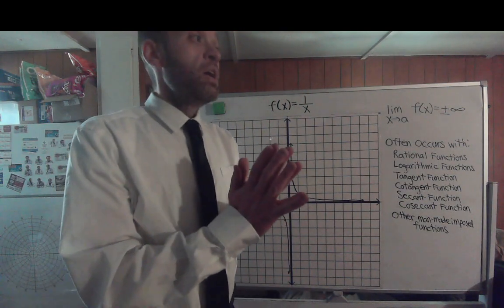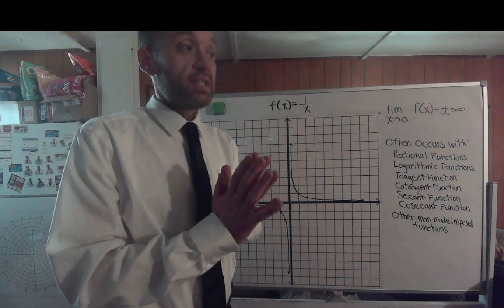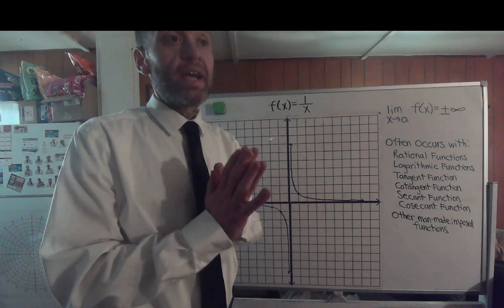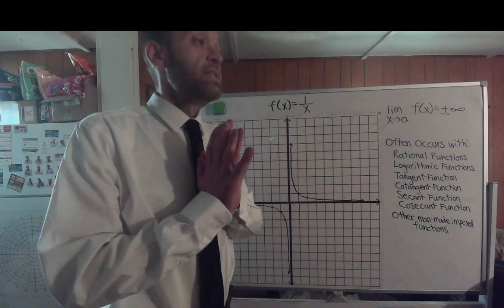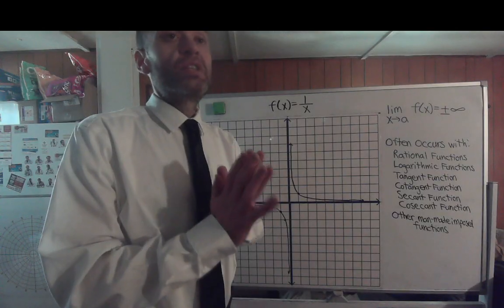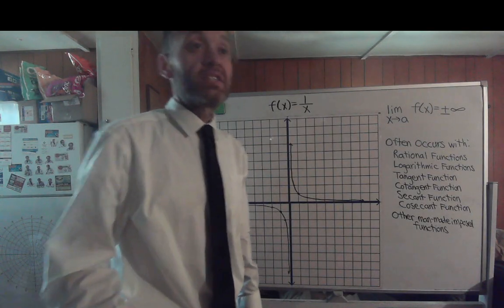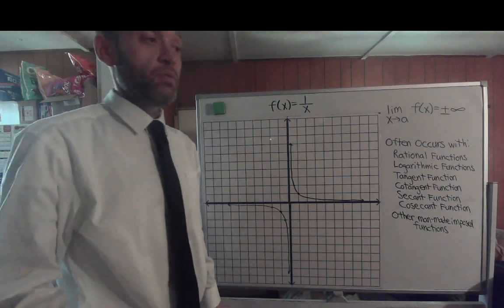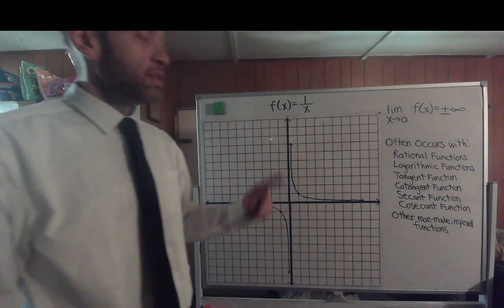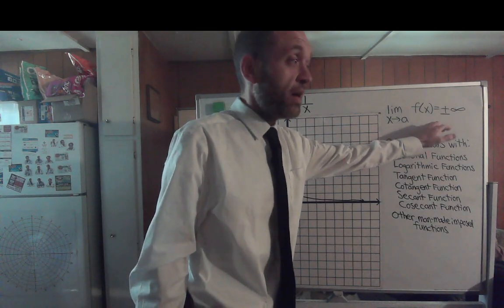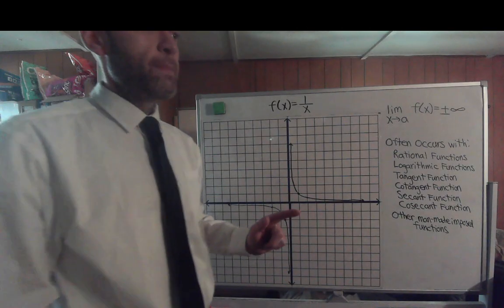Now, there is a caveat with this. We're actually in a bit of a gray area when it comes to infinite limits. Technically, for a limit to exist, it has to converge to a finite number. So technically, the limit would not exist if you get positive or negative infinity.